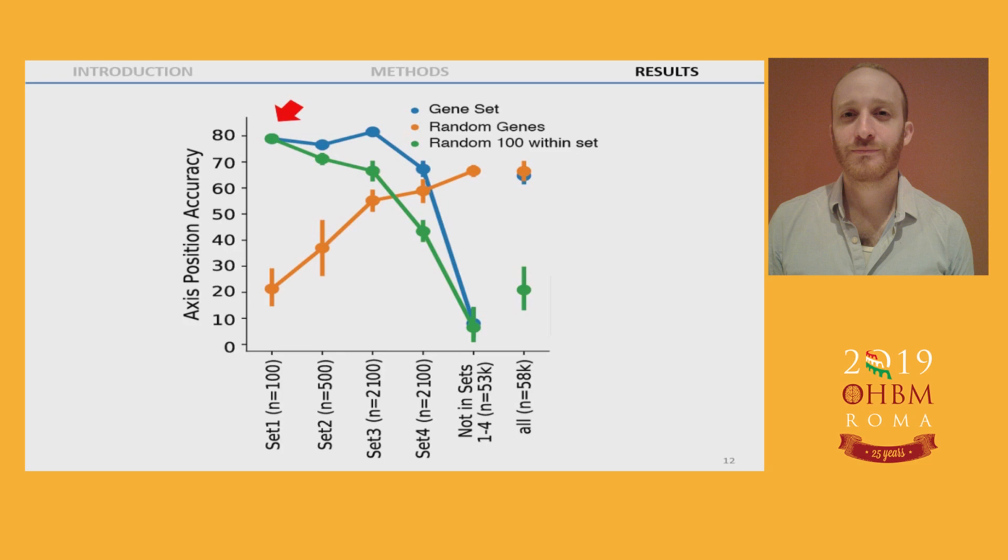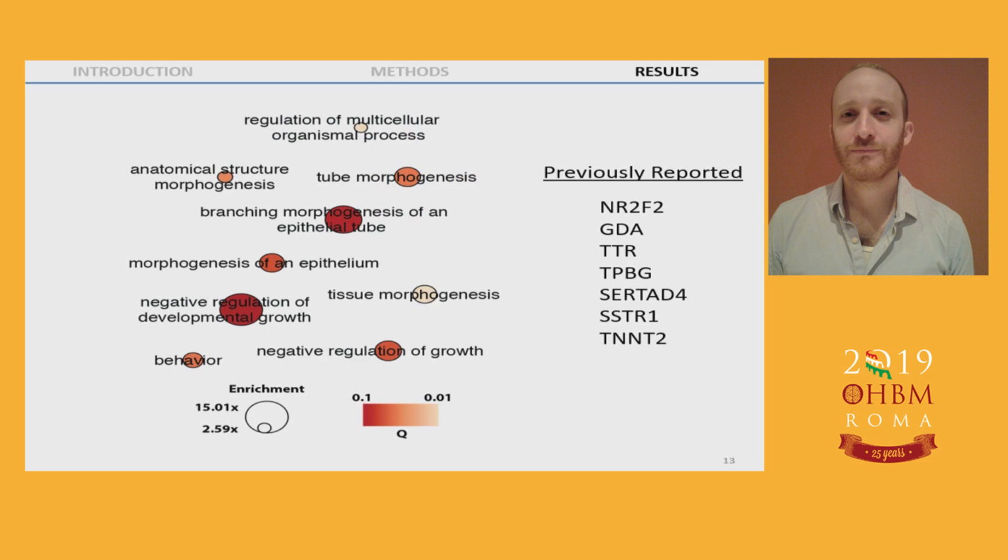And when we delved a little bit deeper into this particular gene set, we did some gene ontology and found the set was enriched mainly for terms related to morphological development, which makes a lot of sense given this question. And we also identified a number of genes in this top 100 that had already been mentioned in previous studies of the rodent longitudinal axis of the hippocampus. So that was pretty cool, and gave us some insight that we were on the right track.